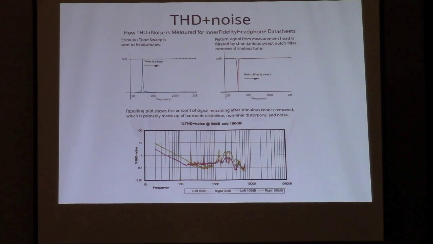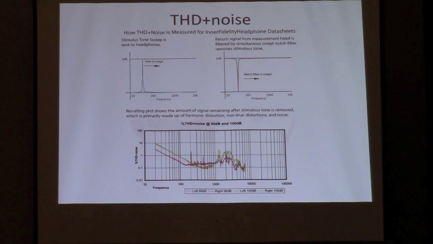What you're going to get out is the contribution from all the harmonics of that tone. So if you put in a 1 kilohertz tone, you'll get out a little bit of 2 kilohertz and 3 kilohertz and 4 kilohertz, and you'll be able to measure those because that's not where the notch filter is. So you're measuring those harmonic results, but you're also measuring noise. You're measuring anything in the system.